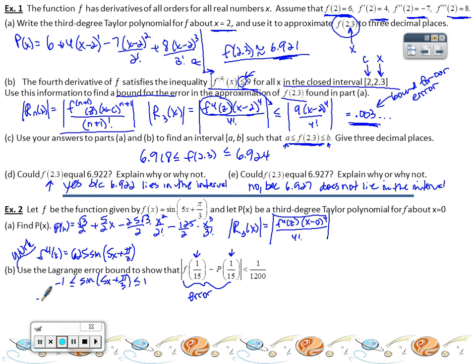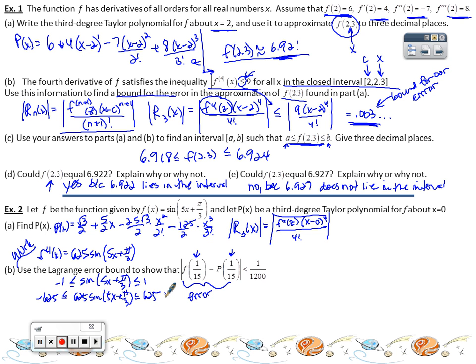So -625 is less than or equal to 625 sine of 5x plus pi over 3, which is less than or equal to 625. According to this, what is our maximum derivative value ever? Always, 625. Is that going to apply between 0 and 1/15?